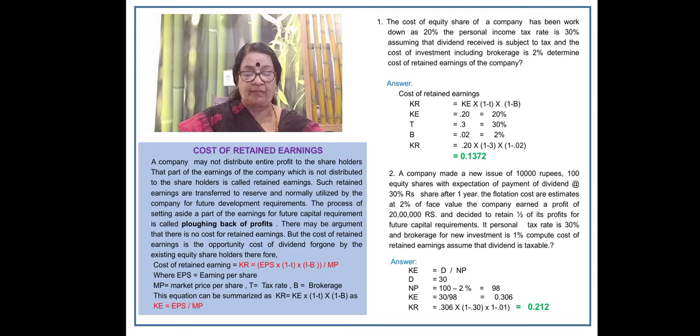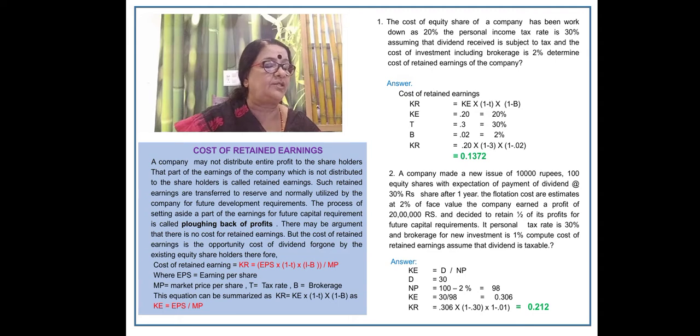Now look into the PowerPoint. The first question: the cost of equity shares of a company has been worked out as 20%. The personal income tax rate is 30%, and the cost of investment including brokerage is 2%.